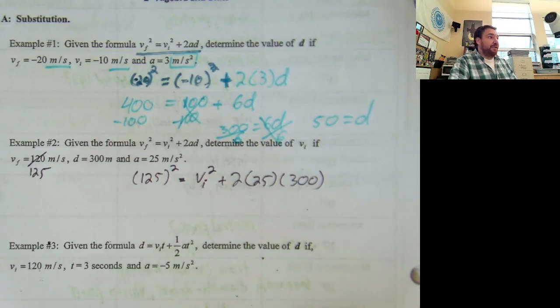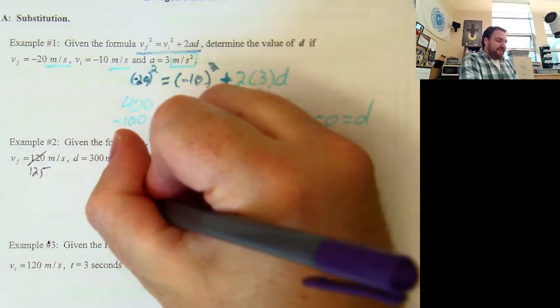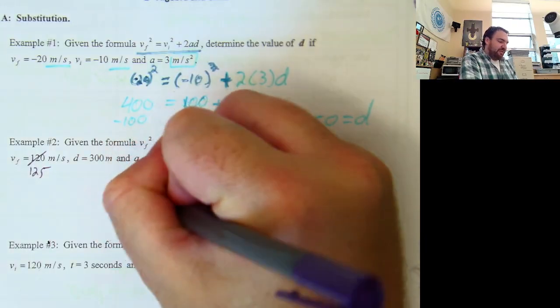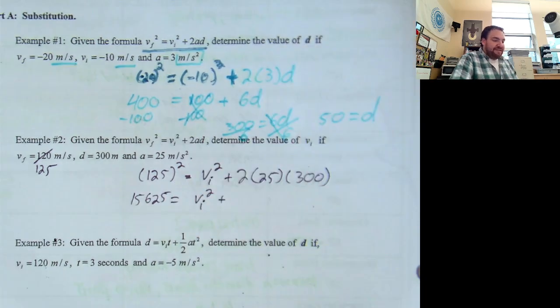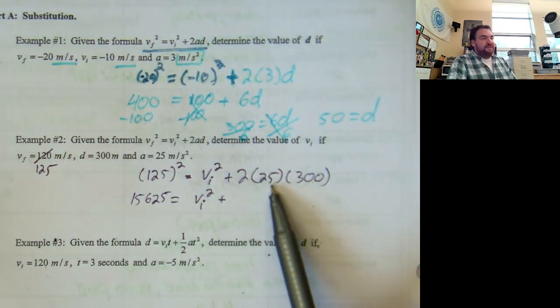You could plug it in. If any of you can do it in your head, that'd be very impressive. 15,625. You betcha. Equals VI squared plus 2 times 25 is 50.